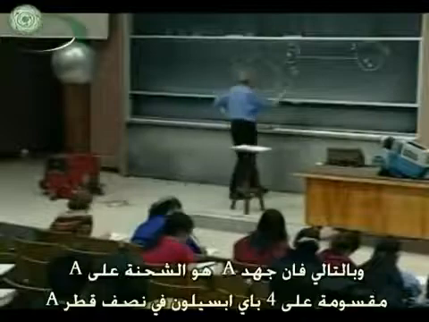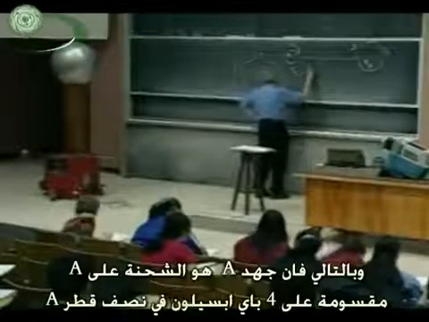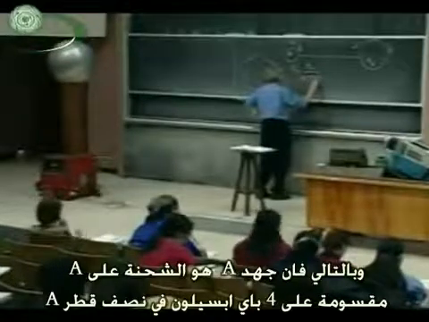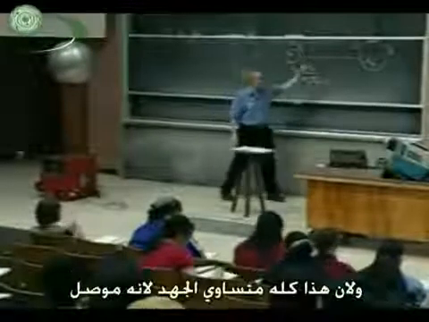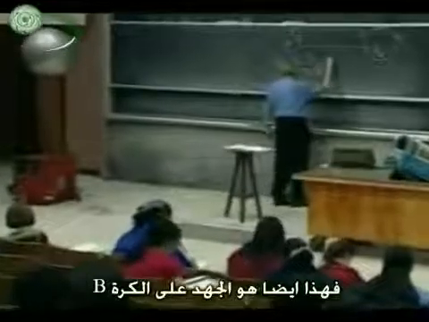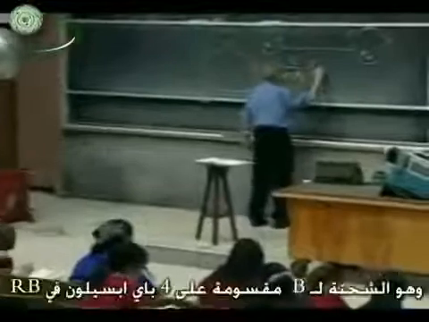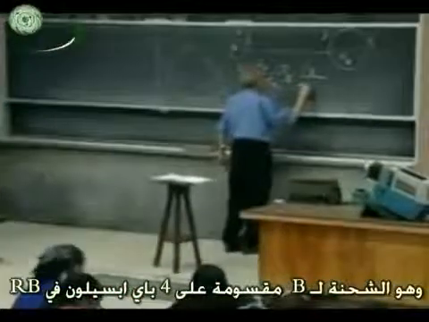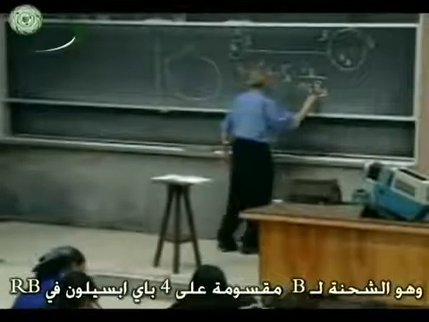And so the potential of A is then the charge on A divided by 4 pi epsilon 0 times the radius of A. But since it is an equipotential, because it's all conducting, this must be also the potential of the sphere B, and that is the charge on B divided by 4 pi epsilon 0 r_B.